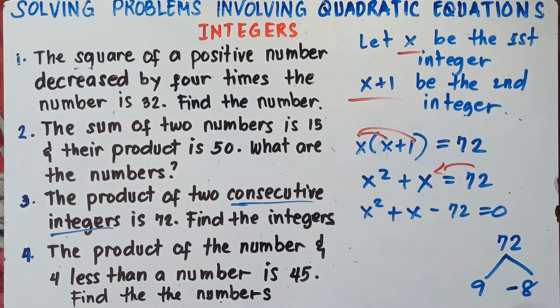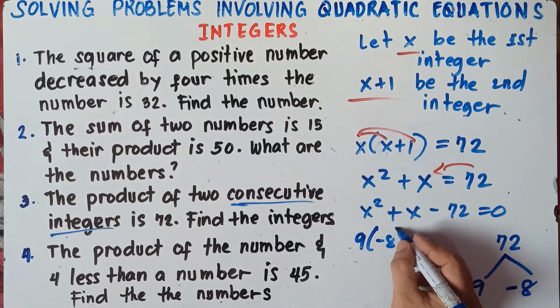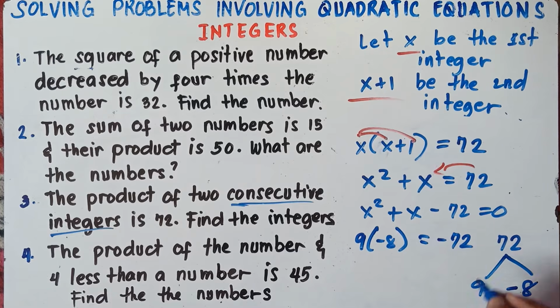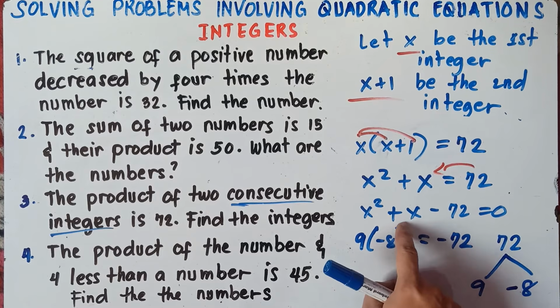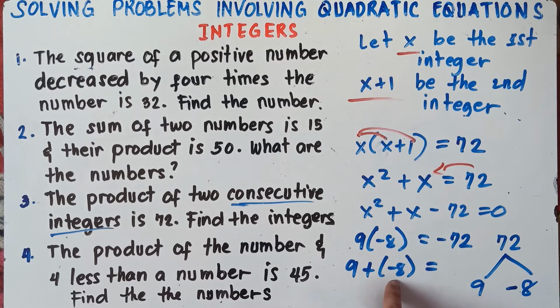Why is that, sir? Let's multiply, class: 9 times negative 8 is negative 72. Let's check if you get positive 1: 9 plus negative 8. If the signs are not the same, we have positive 9, negative 8.